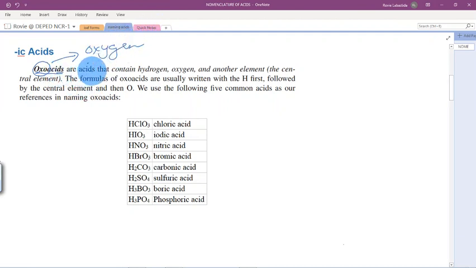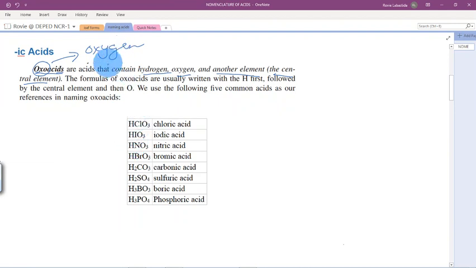So these are acids that contain hydrogen, oxygen, and another element. So usually the central element are chlorine, iodine, nitrogen, bromine, carbon, sulfur, boron, or phosphorus.